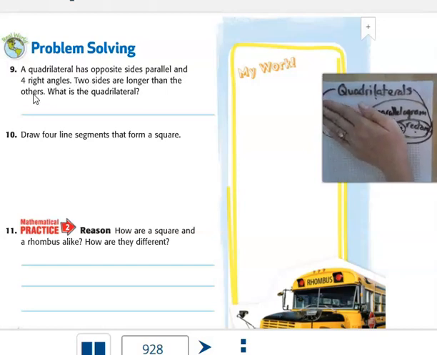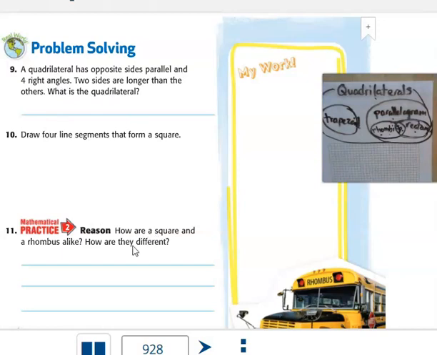So now we've eliminated the square because a square has all 4 sides equal. And since it has 4 right angles, is it just a parallelogram or is it a rectangle? Well, a parallelogram does not have to have 4 right angles. So that eliminates parallelogram, and you're left with, hopefully you see your answer written right there. You're going to write that in a complete sentence on the line.